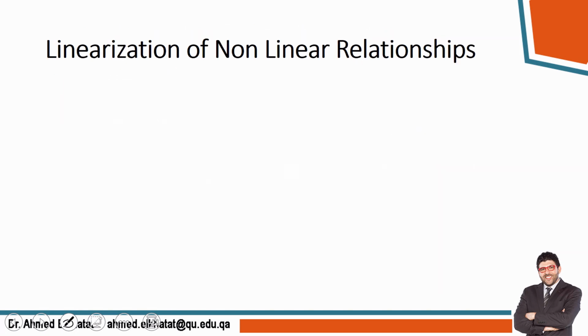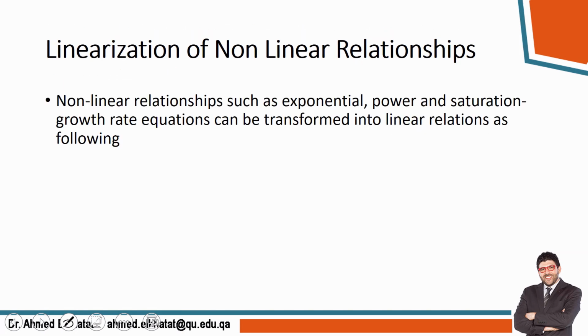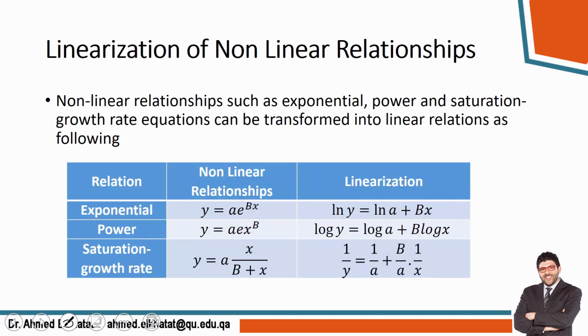This is for nonlinear relationships. For more complicated relationships, we just have to linearize them. If we have exponential, y equals a times e to the power bx, we can linearize by ln. In the case of power, we can linearize by log. And for saturation growth, this is my equation.